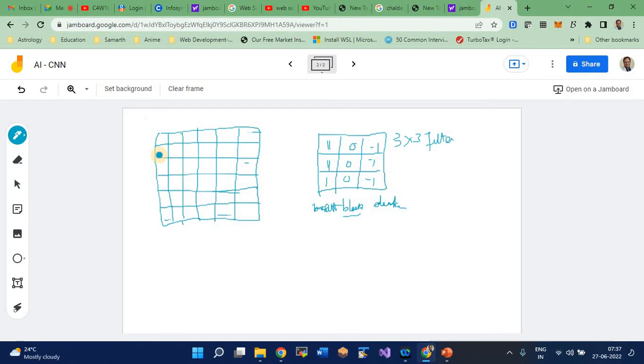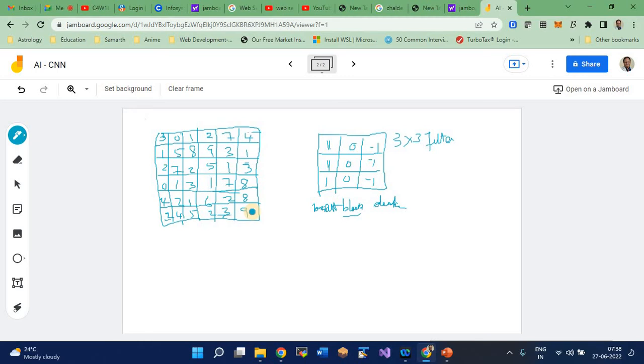Now let me take an image which has, let's say, 3 0 1, 2 7 4, 1 5 8, 9 3 1, 2 7 2, 5 and 3, 0 1 3, 1 7 8, and let's say 4 2 1, 6 2 8, and 2 4 5, 2 3 9. Okay, these are the ones.